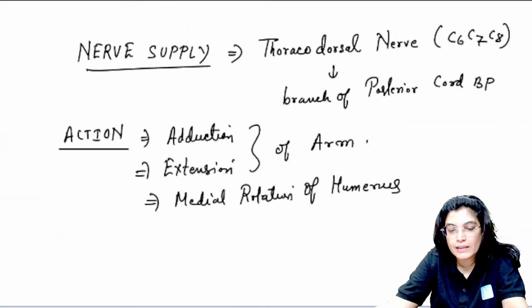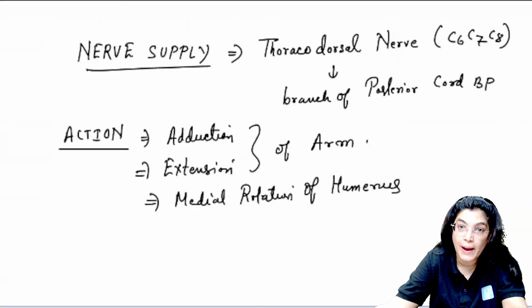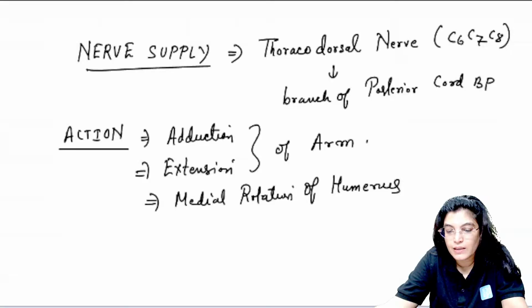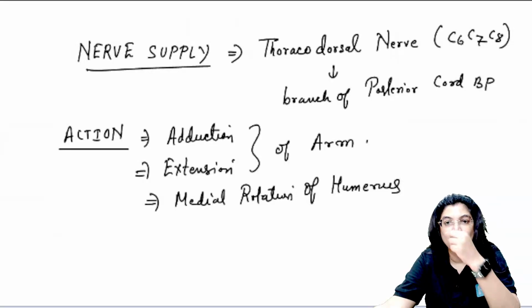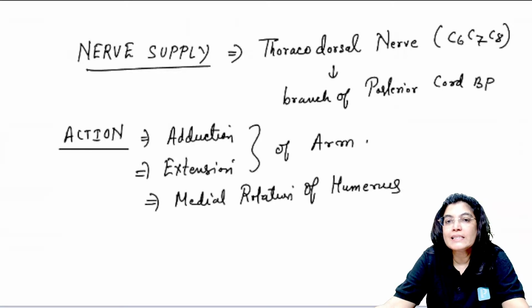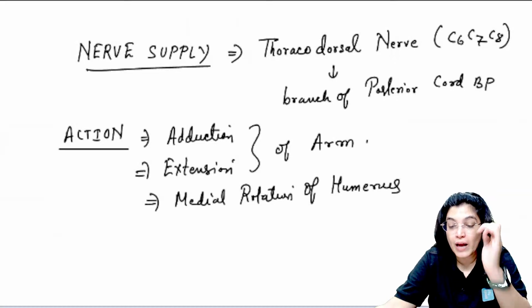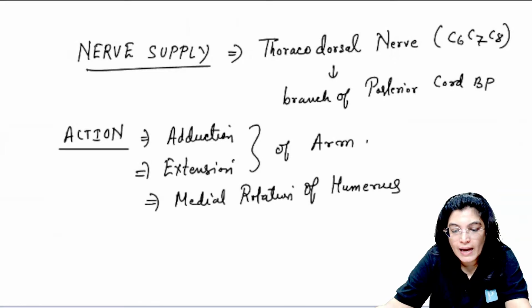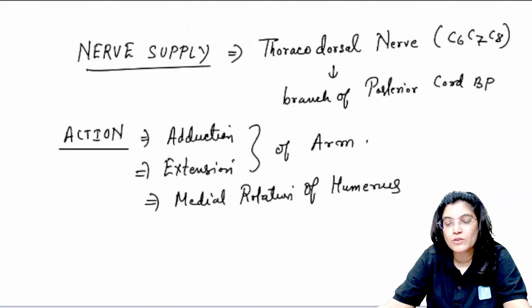An important point about latissimus dorsi muscle is that it is also used as a musculocutaneous flap. The reason why it is used as a flap is that it is having a single dominant vascular pedicle. It is receiving its arterial supply from thoracodorsal artery.